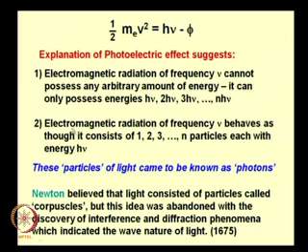So it appears that if you look at electromagnetic radiation of any frequency nu, it is behaving as though it consists of 1, 2 or 3 particles or n particles, each with energy h nu. So this is a big change in the way in which we look at electromagnetic radiation.